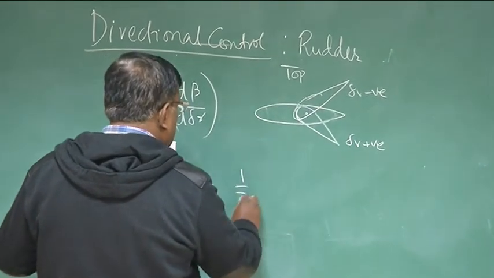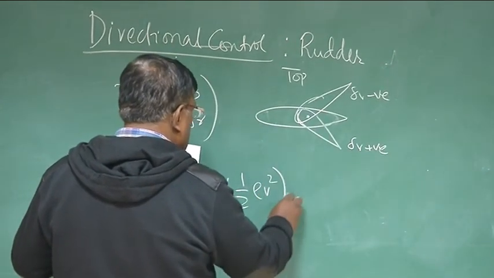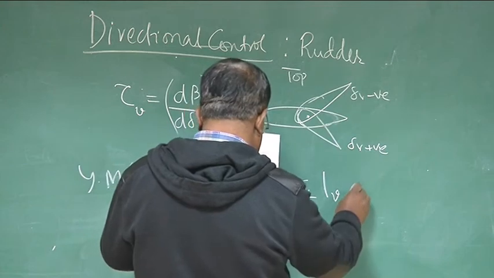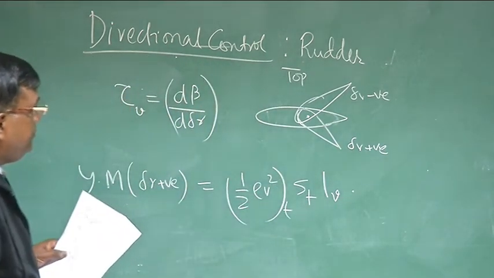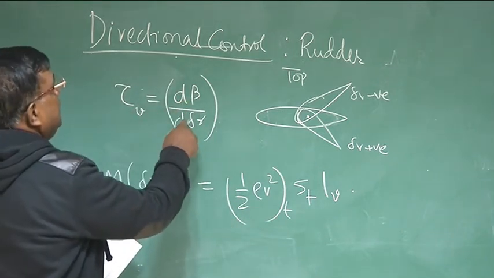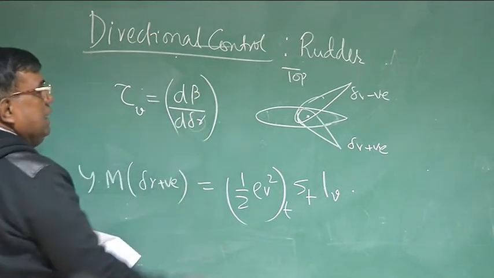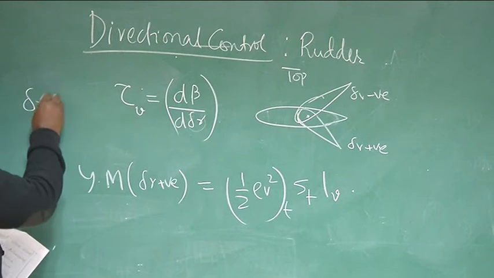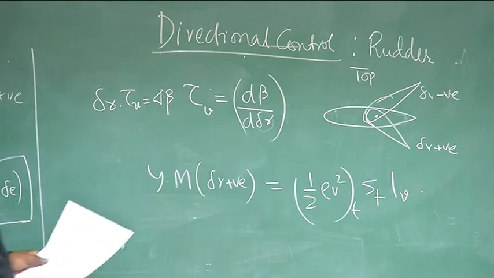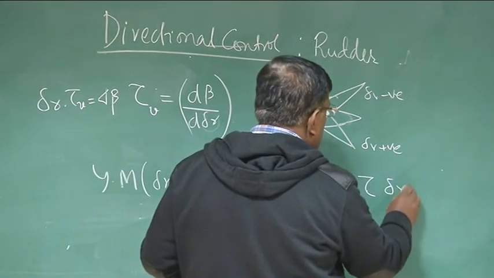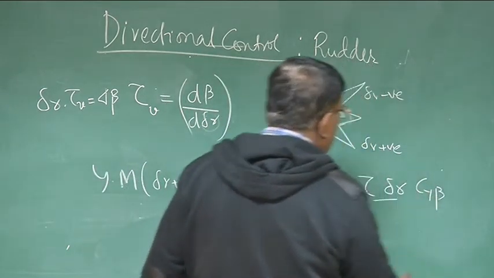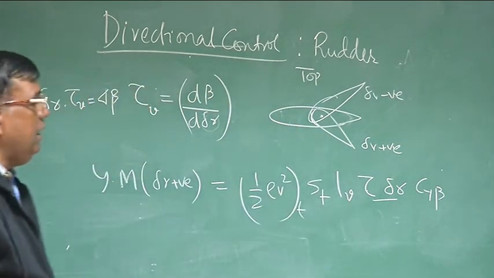Force means half rho V squared at the tail, S tail, then l_v into the beta change because of delta r. We know tau v means d beta by d delta r. That means per unit change in the rudder deflection, how much beta at the tail is changed. So if I multiply delta r into tau v, that will give me the change of beta in the vertical tail. Then beta into CY beta will be the force, and force into this length is the moment. Is it clear or not?